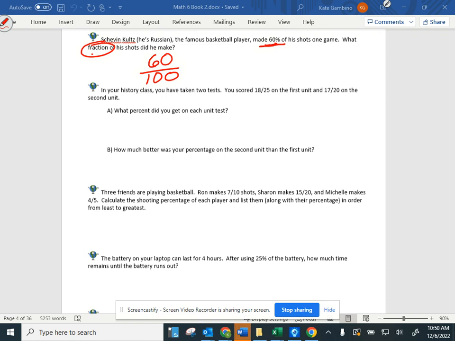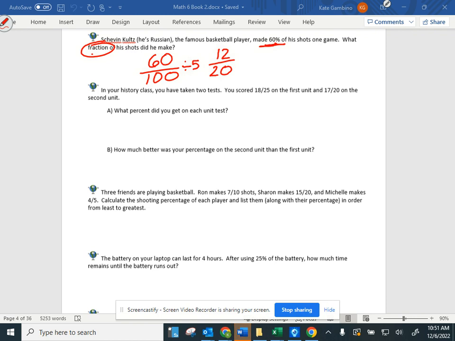Simplify. What do you think I could divide out of 60 and 100? 15? No, 100 does not go into 50. Let's try 5. So 60 divided by 5 is 12. 100 divided by 5 is 20. Can I go even smaller?